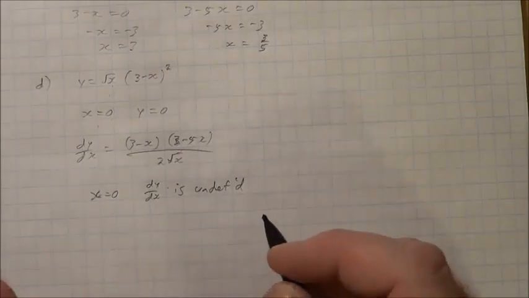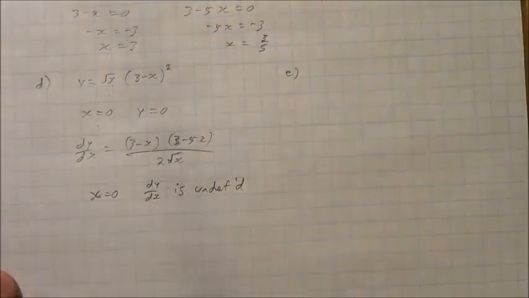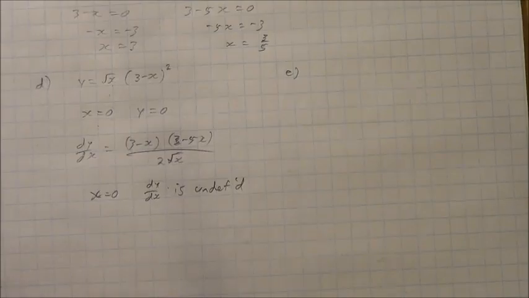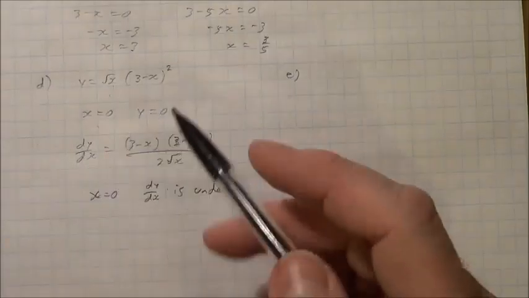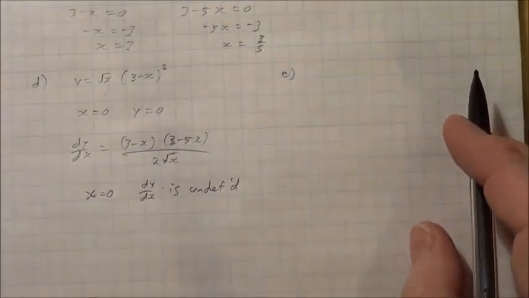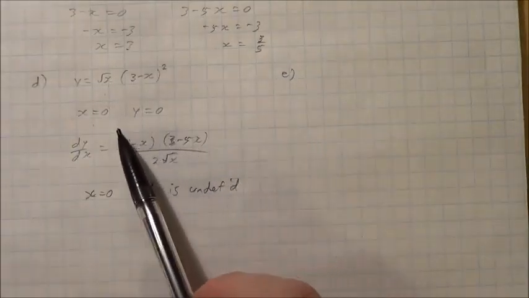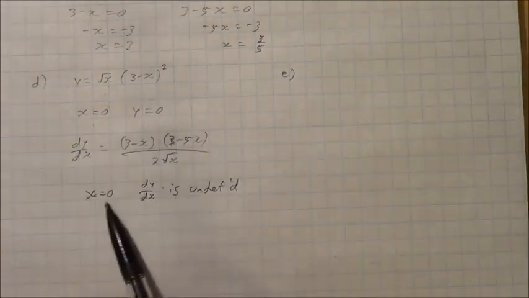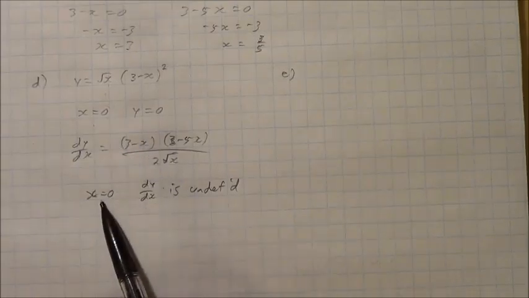For part E, we want to see what the graphical significance is of our answer in part D. The graphical significance is that there will be a vertical tangent at x equals 0.